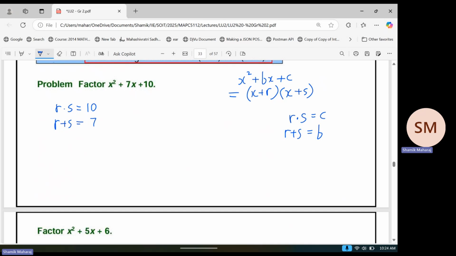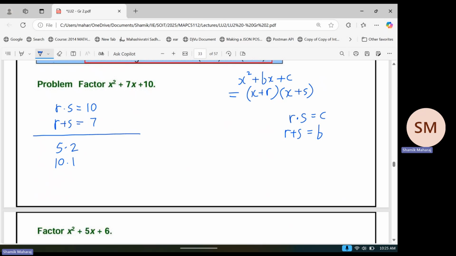Okay. Now I always start with the first equation on top. So we just find factors of 10 because those factors could be R and S. So factors of 10 would be 5 and 2 is one example, 10 and 1 is another, because both of these multiply together to give us 10. So both work for the first equation. Okay.